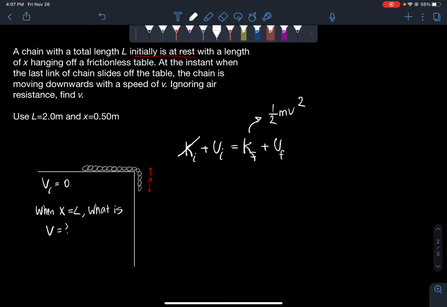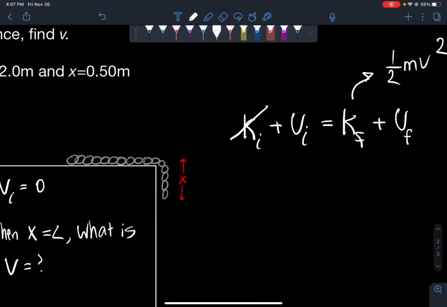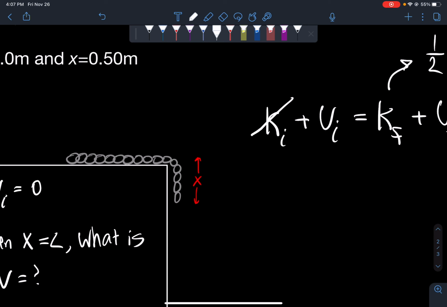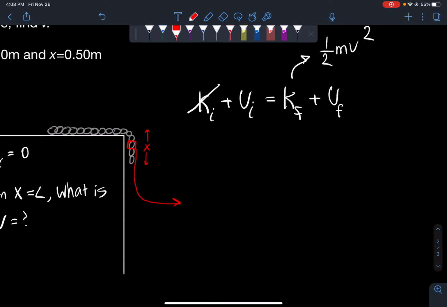So what I'm going to do is zoom in a little bit and just hone in on a little tiny piece of the chain. Let's say just one link. Even though I'm imagining that it's a very, very small piece of the chain, you can think of it as just one link. So I'm going to blow this up over here, and I'll draw it a little bigger.